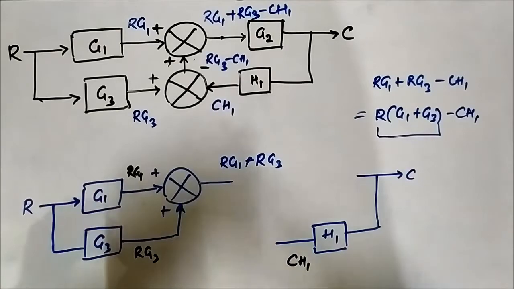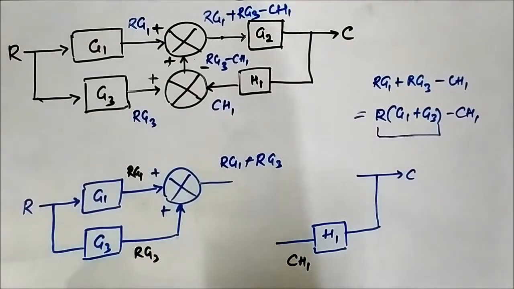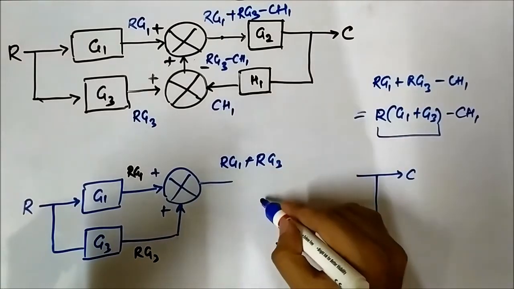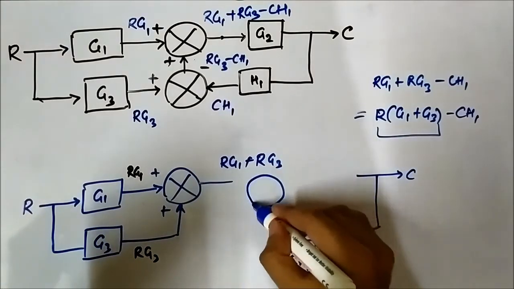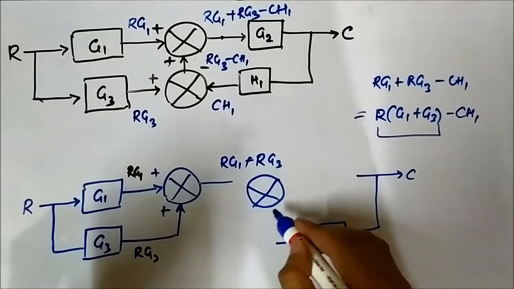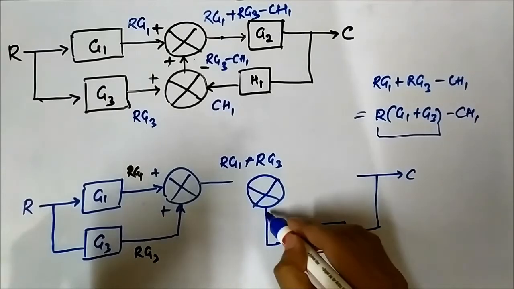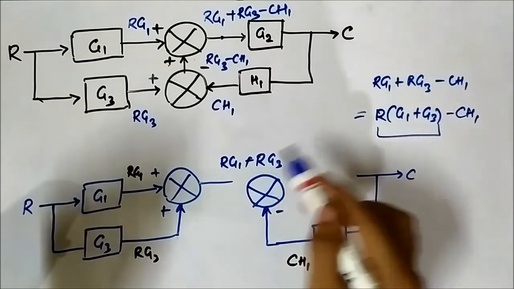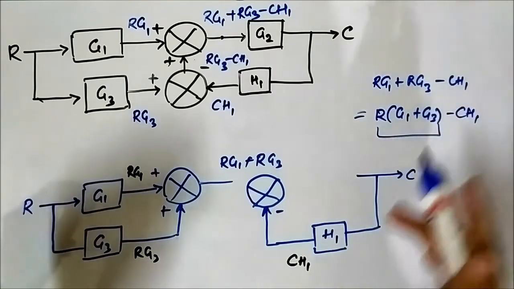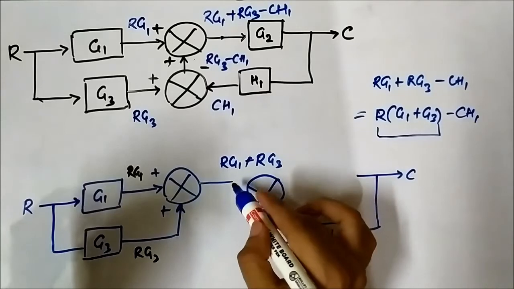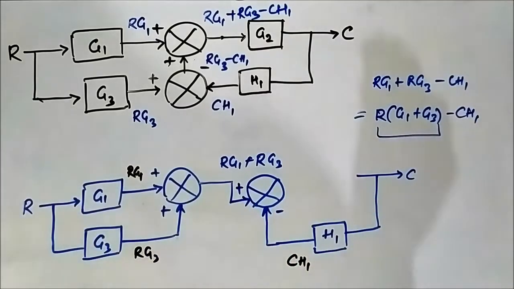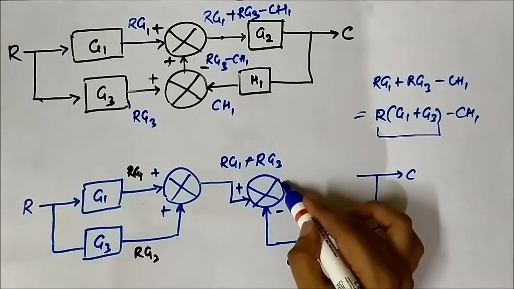Now this is a negative feedback connection, so this will go to a point which is negative, minus, and RG1 plus RG3 is on the positive side. So this will go here as positive, and the result is this.